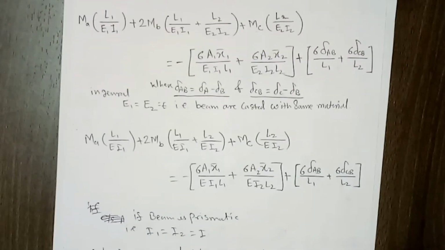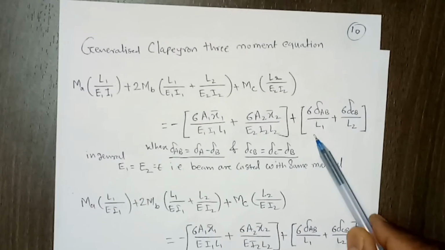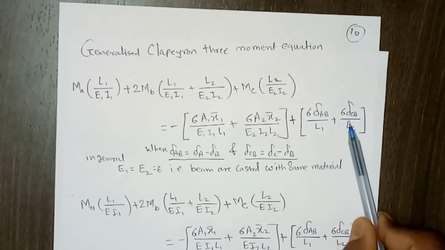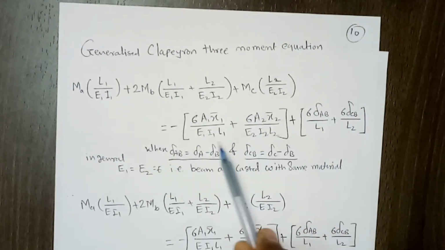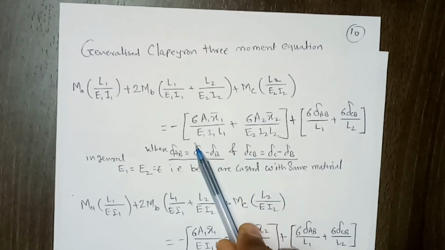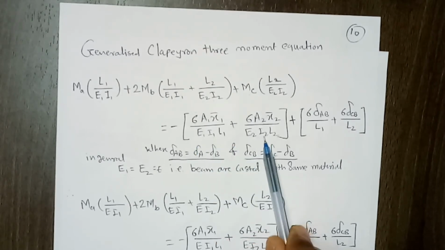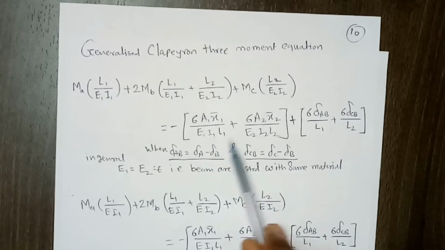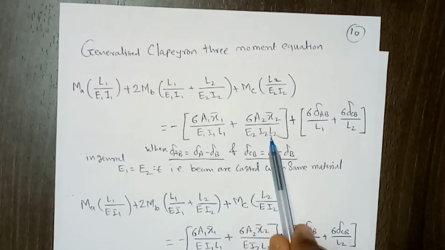So this is the more general form of Clapeyron's three moment theorem, which includes the settlement term, the change in material property of two consecutive spans, and the effect of change in cross section, that is, the moment of inertia of the two sections.